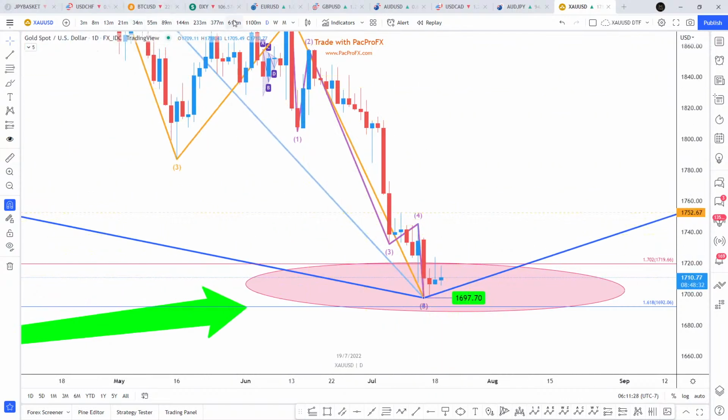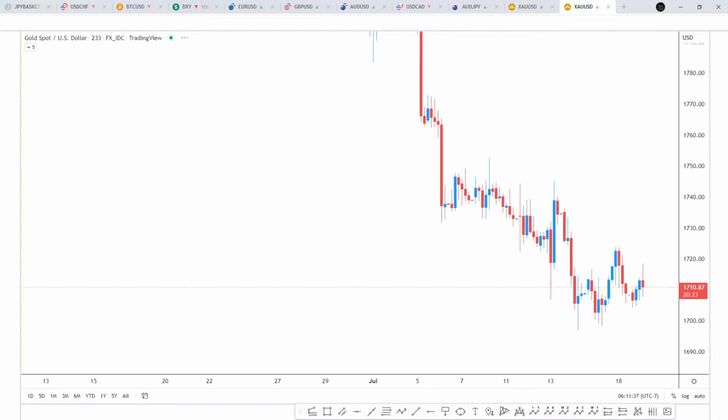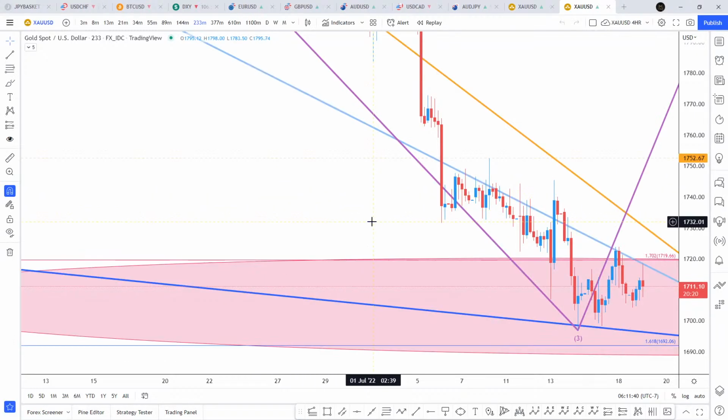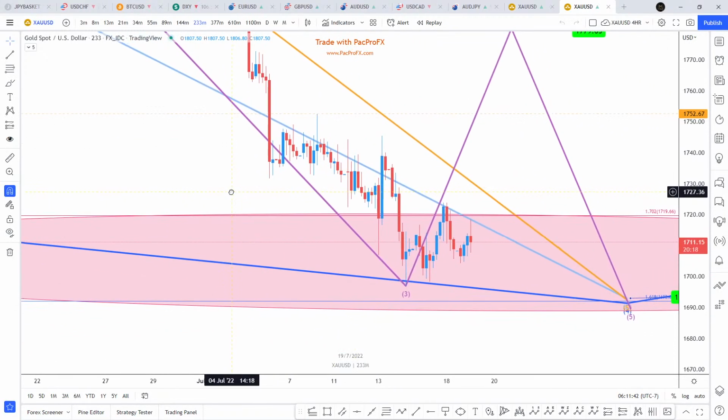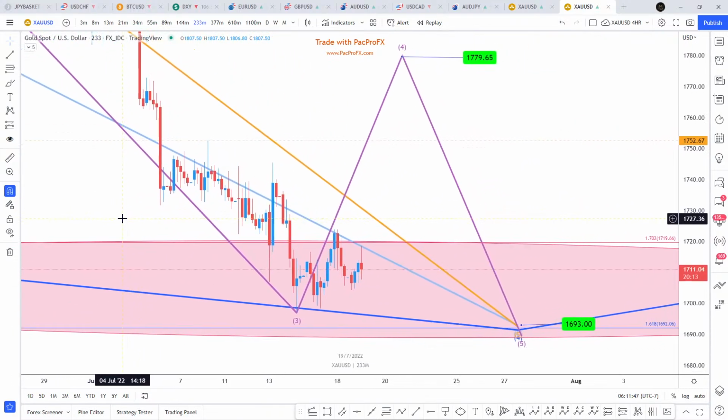Alright, let's look at a lower time frame on this. So let's pull our 4-hour charts. Yeah, you know what? It's close, but I think we're still looking for a wave 4 to complete.